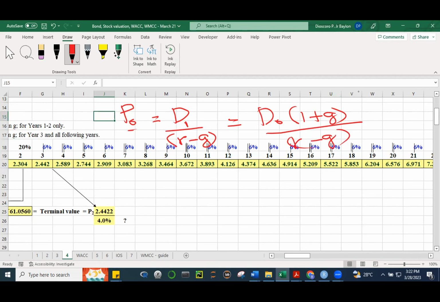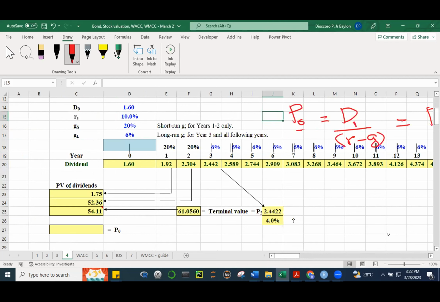Now the question is, when will the constant growth rate begin? Class, when will it begin? On period 3, right? The constant growth rate will begin on period 3.